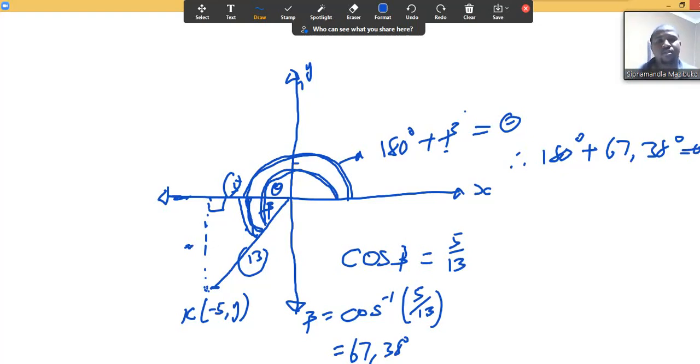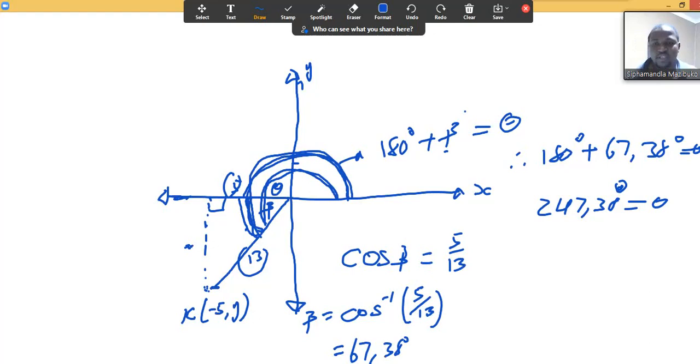Now we're getting 247.38 equal to theta. So that is the whole angle from here all the way to here. It is 247.38 degrees, right?